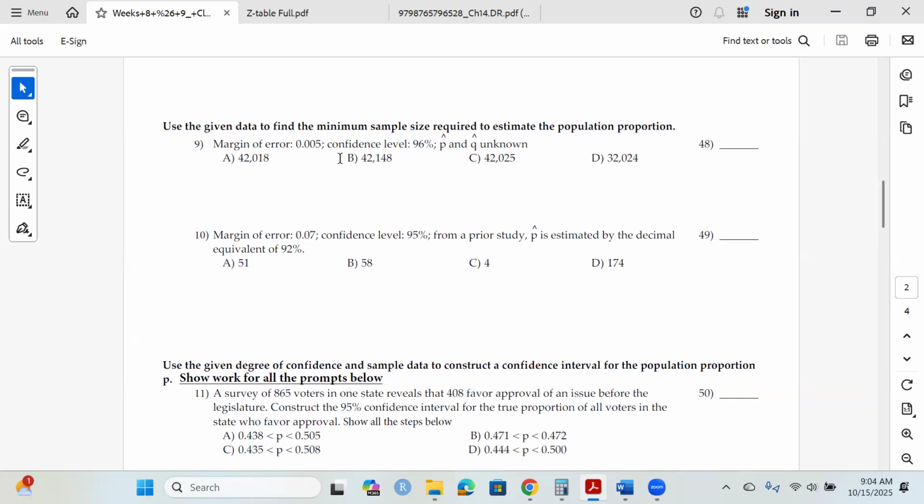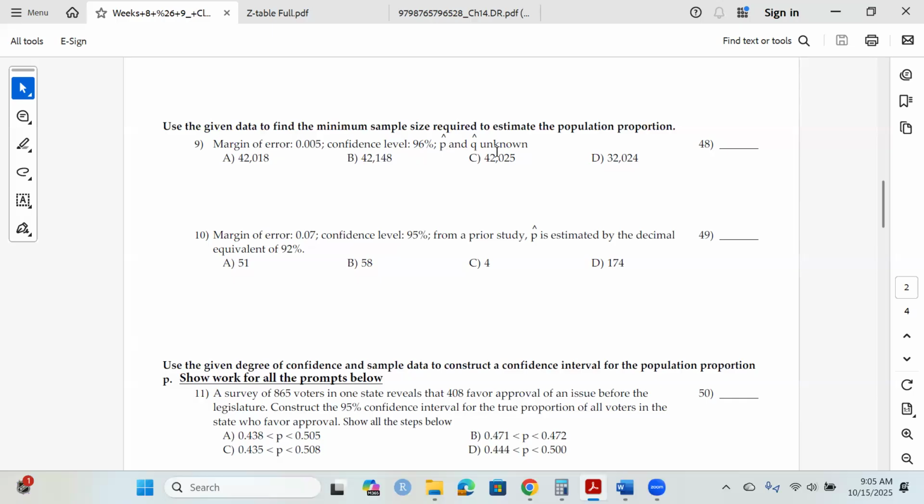So that's a prototypical question. We need our alpha, right? Our alpha is 0.04, so we can find our z value, right?